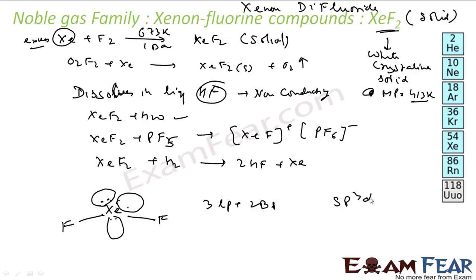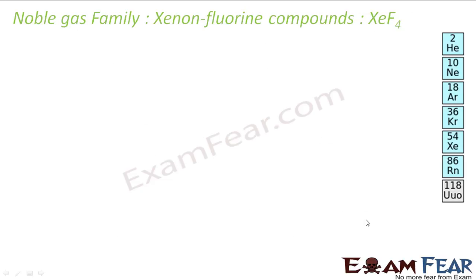That is sp3d hybridization. 3 lone pairs and 2 bond pairs as per VSEPR theory give a linear structure, and this angle is 180 degrees. The xenon-fluorine bond length is 200 picometers. Please remember this structure for XeF2, xenon difluoride: it is linear and sp3d hybridized.